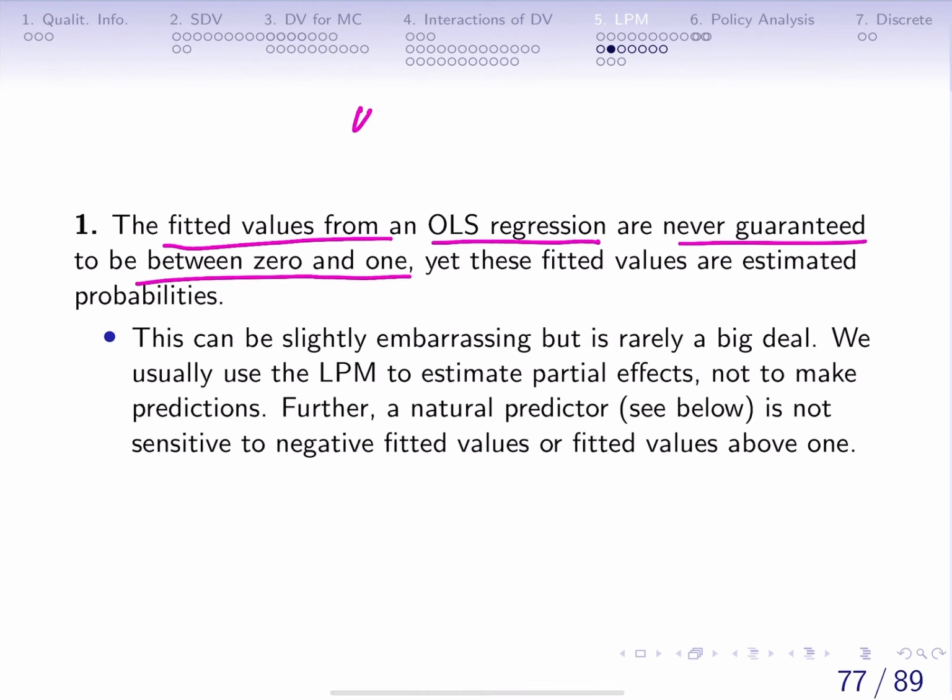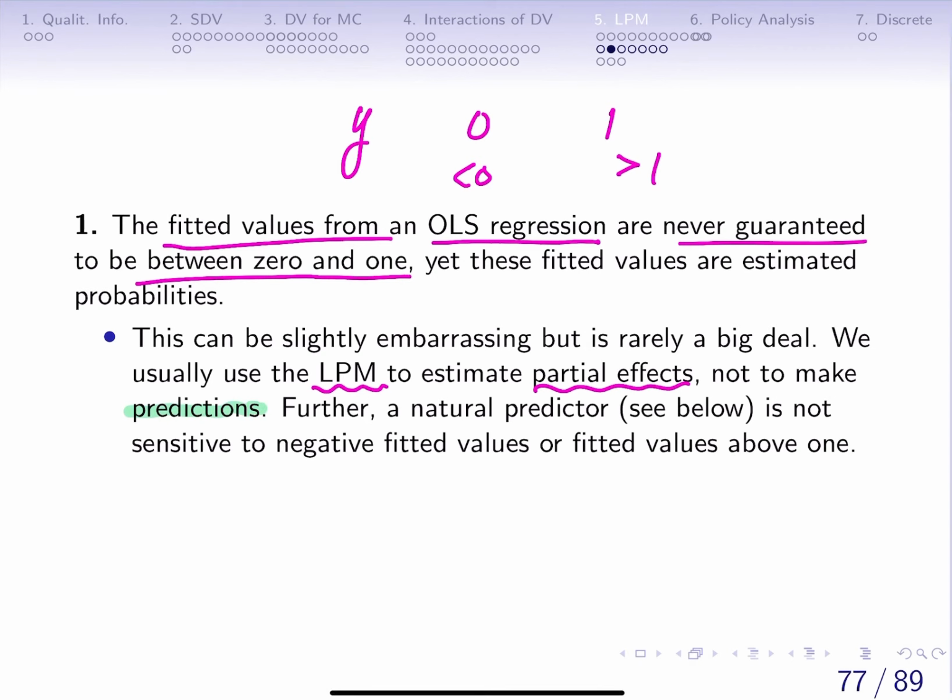Remember that Y can take a value of 0 or 1, but these fitted values can sometimes be less than 0 or greater than 1. This can be a little embarrassing, but it's not really a big deal, because typically what we're trying to do is estimate the partial effects of variables on the outcome that we're measuring, and not really use this model to make predictions.